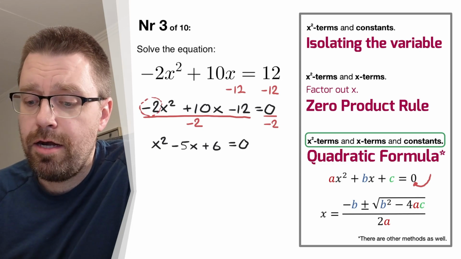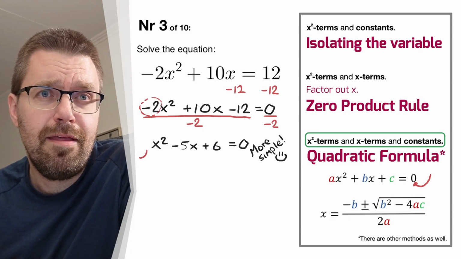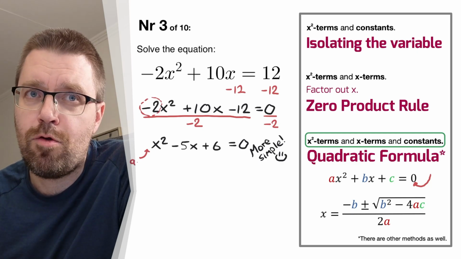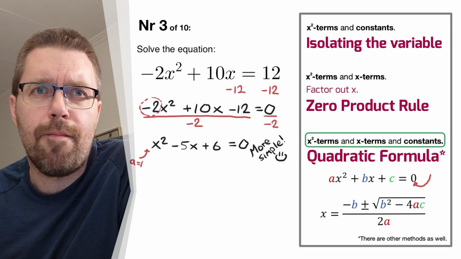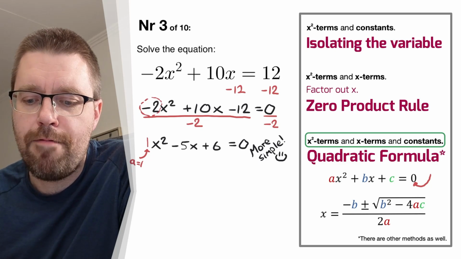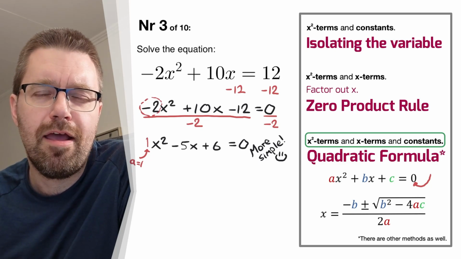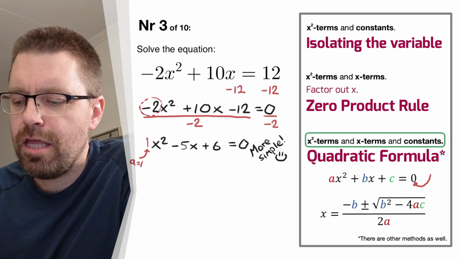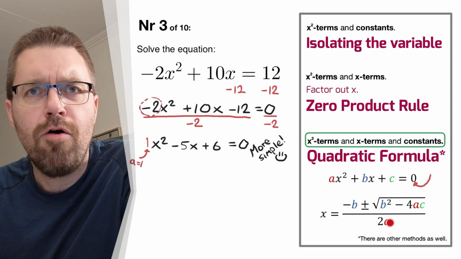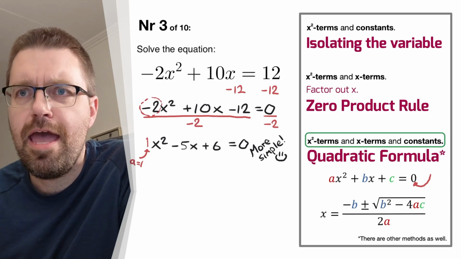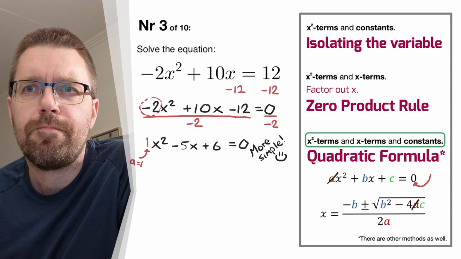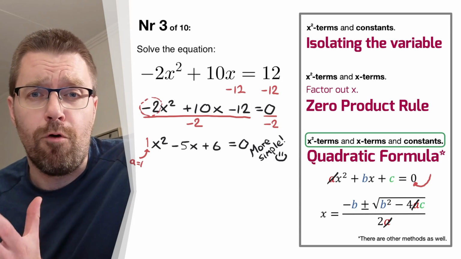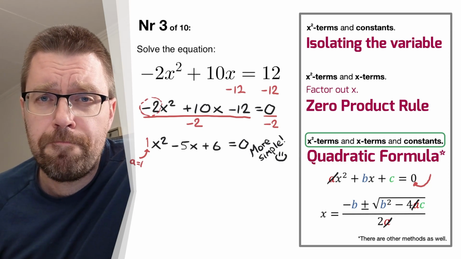And now I know that the coefficient before x squared, which is called a, equals 1, because we have an invisible number 1 before x squared. And if a is 1, then I can just cancel out these multiplications with a in the formula. So in the formula, I cancel them out, and then the formula is much shorter.